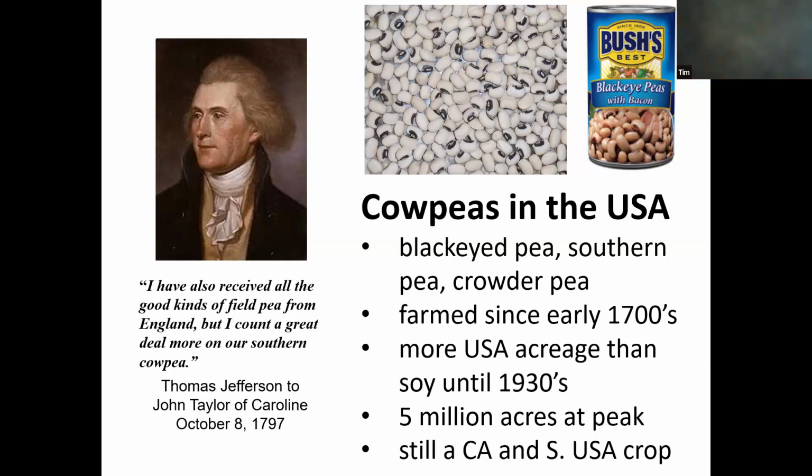In the USA, we're most familiar now with cowpeas as dried grains with a black area near the hilum, thus the name black-eyed peas, which go by other names such as southern pea or crowder pea, and in Africa there are many more known. Cowpea was grown on more USA acreage than any other legume until the 1930s, when soybean became more prominent. There were about 5 million acres of cowpea in the USA at its peak.